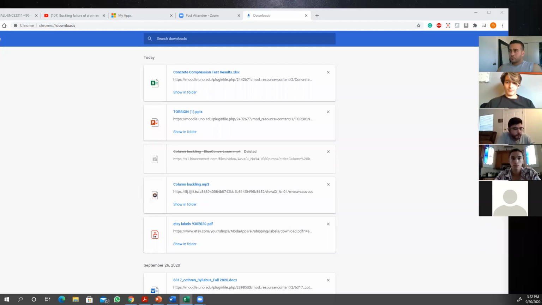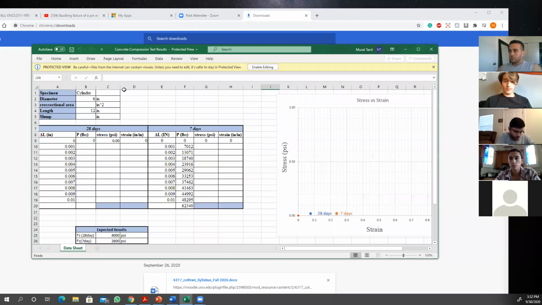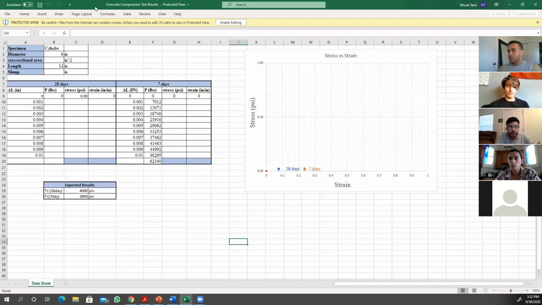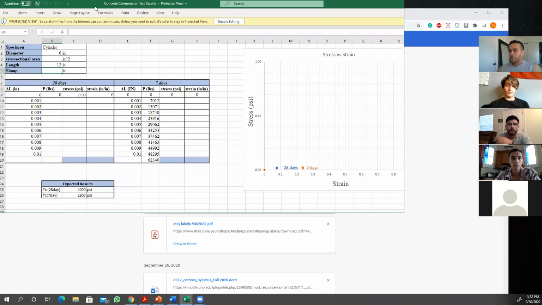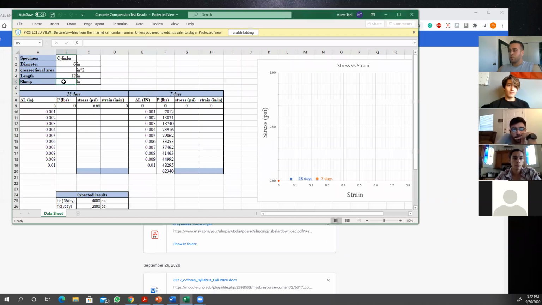Okay. I forgot the slump on the first class. I believe it was 2.75 or 3 inches. So you should look at your notes, and then you should include the slump.